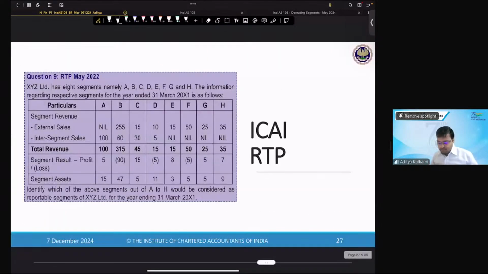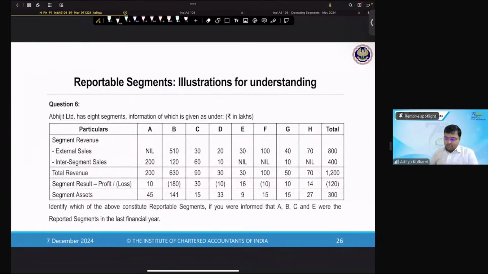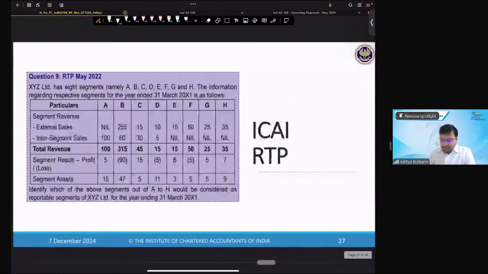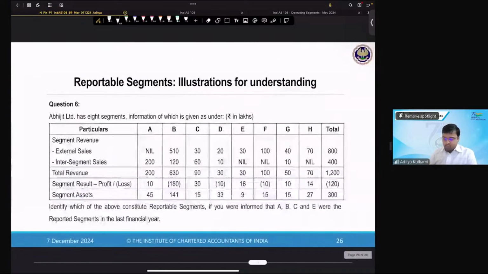Now let us look at this question. Then I leave this for homework. Now, Abhijit has 8 segments, information of which is given as under: segment revenue, external sales, inter-segment sales, total revenue, segment result, profit or loss, segment assets.